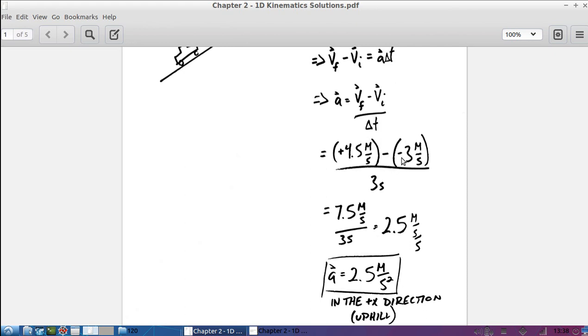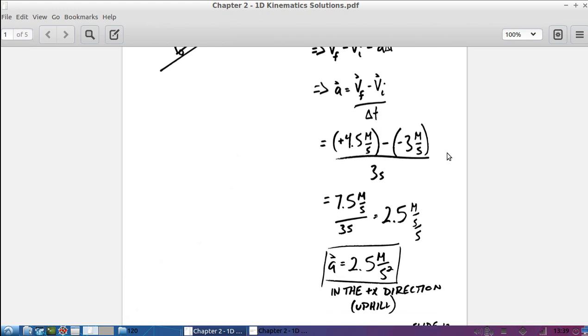So I'm subtracting this velocity vector from this velocity vector, which means I'm subtracting a negative value from a positive value. That's good, because this numerator tells me whether my acceleration is going to be positive or negative times a scalar. This is my vector quantity. It's going to be positive or negative.